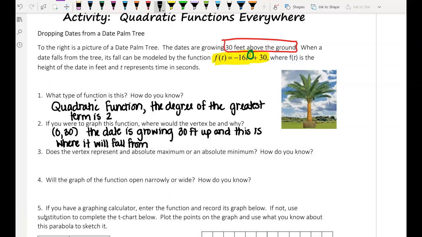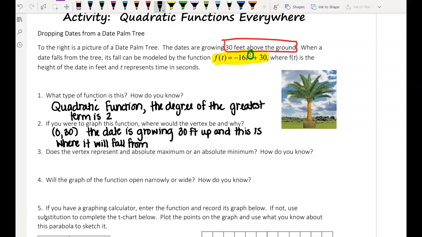Does the vertex represent an absolute maximum or an absolute minimum, and how do you know? So, Jerry, would this be an absolute maximum or an absolute minimum? So you're saying the vertex would be at the bottom of the graph?